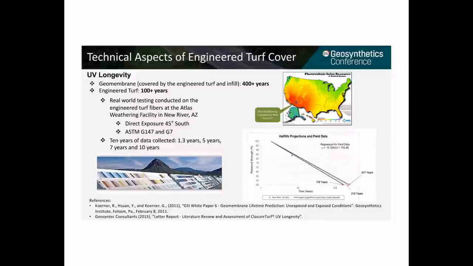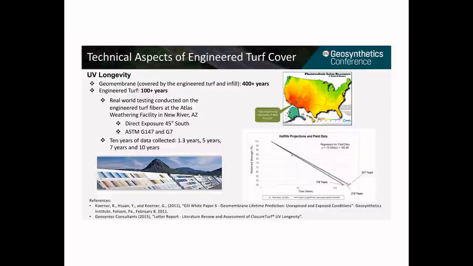US. Samples of fibers were placed on panels directly facing 45 degrees south, and the testing was conducted according to ASTM standards. The samples were collected from the test field after 1, 3, 5, 7, and 10 years and sent to an independent geosynthetic lab for tensile strength testing.